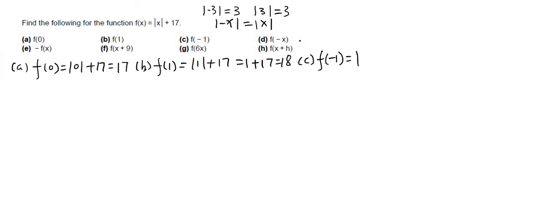We replace the x by negative 1, plus 17. The absolute value of negative 1 is 1. 1 plus 17 equals 18.